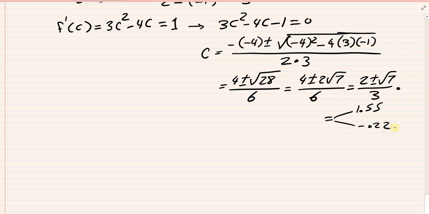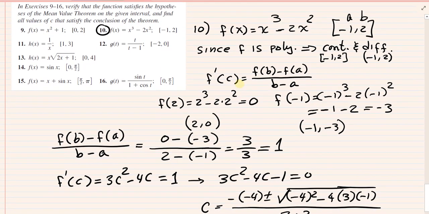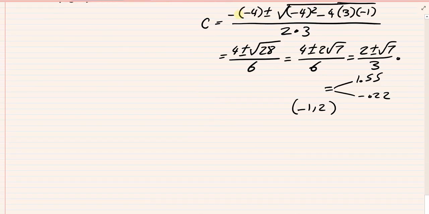The 1.55 is 2 plus root 7 over 3, the other one is 2 minus root 7 over 3, which is -0.22. Now both of these are in the open interval from -1 to 2 in number 10. So there you go. We found two values of c that satisfy the conclusion of the mean value theorem. Okay, so the answer is that. There, that's the answer to number 10.